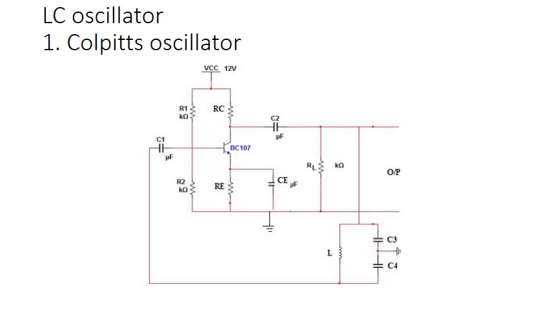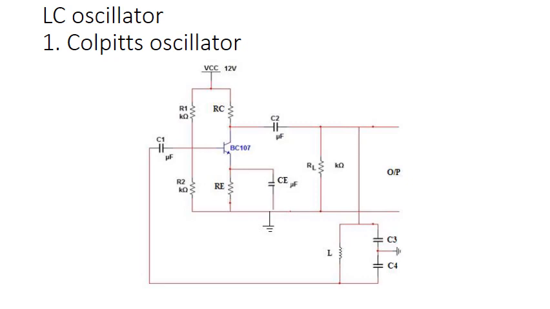Because of the frequency limitations of most op-amps, discrete transistors such as BJT or FET are often used as the gain element in LC oscillators.